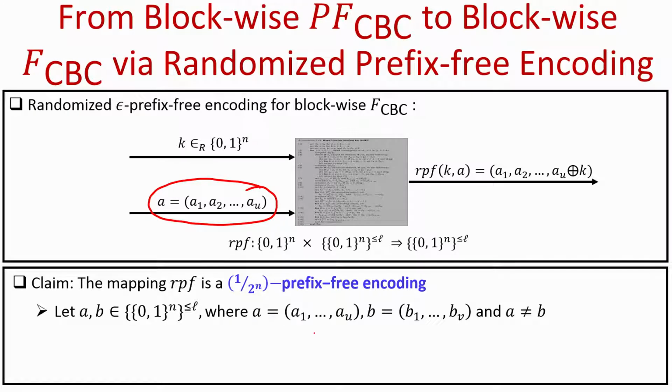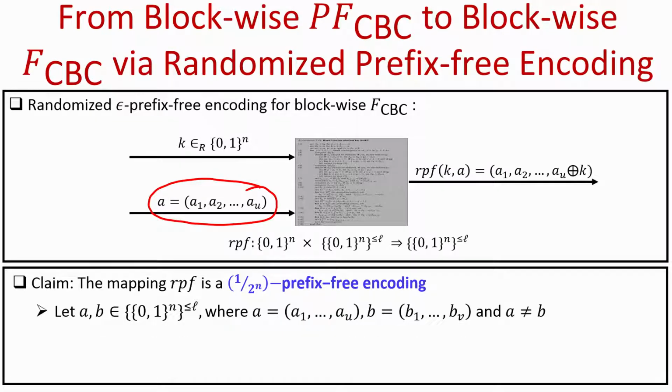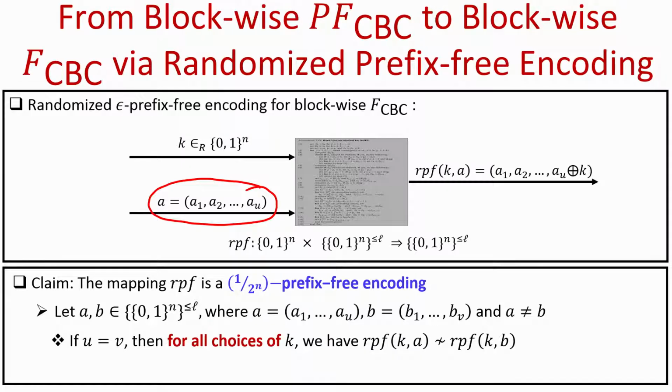So, imagine you have an input block sequence A and another input B, a sequence of blocks, and say A and B are different. And we want to find out what are the chances that either the encoded A is a prefix of encoded B or vice versa.